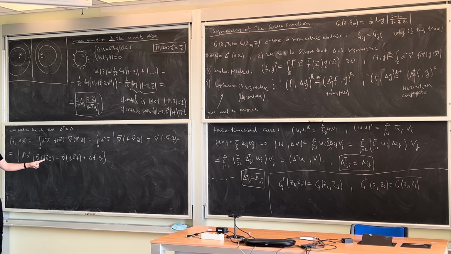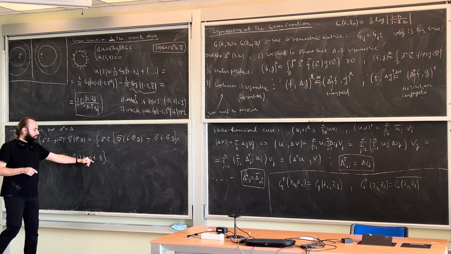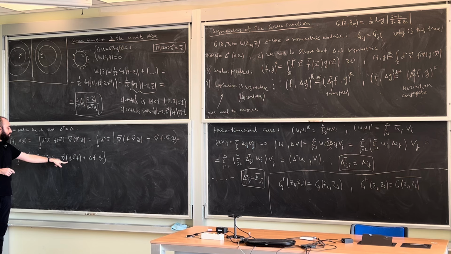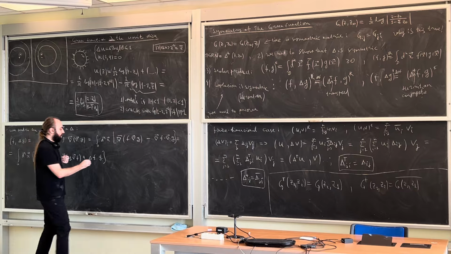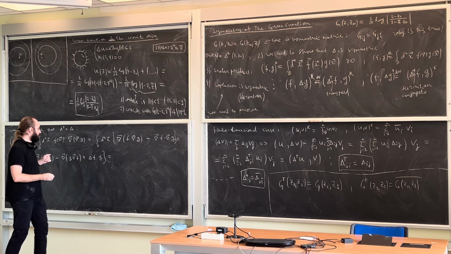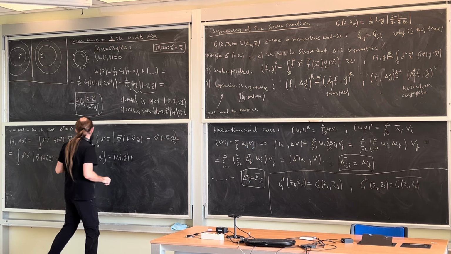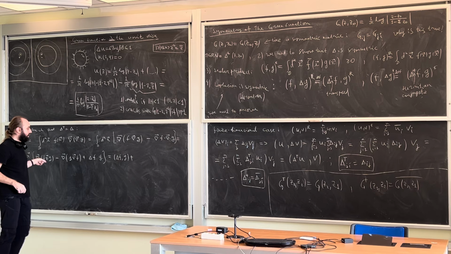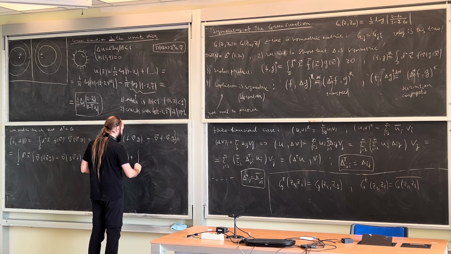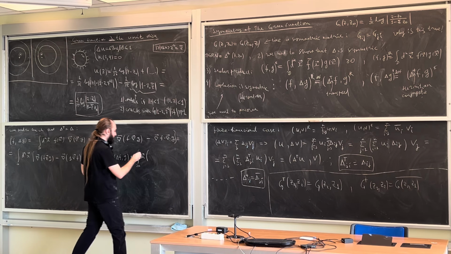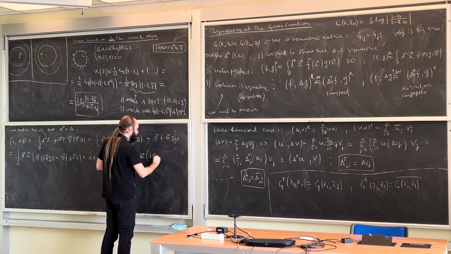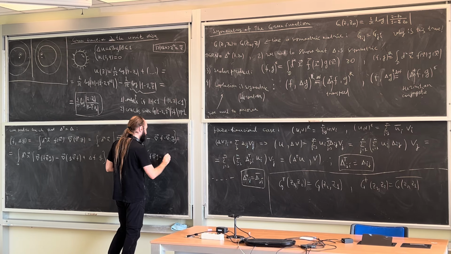Yes, so now we have this integral over the domain D, which has precisely the form we need, plus these two terms that can be computed as a surface integral. So we can write it as the Laplacian of f times g plus the integral over the boundary of D, d n, of f gradient g minus g gradient f.